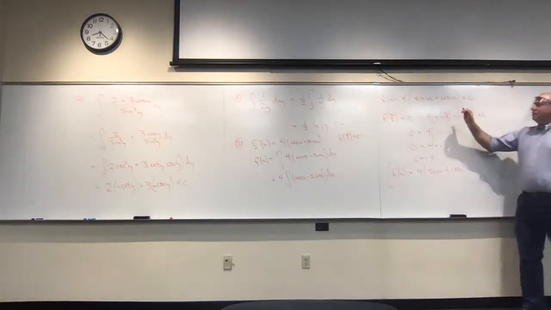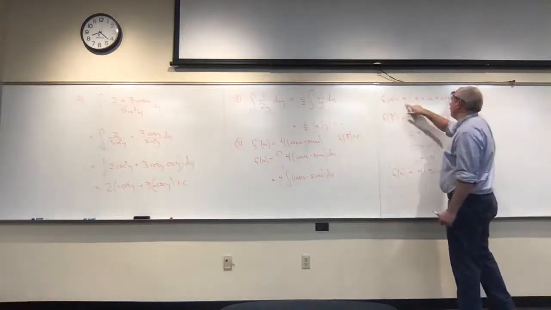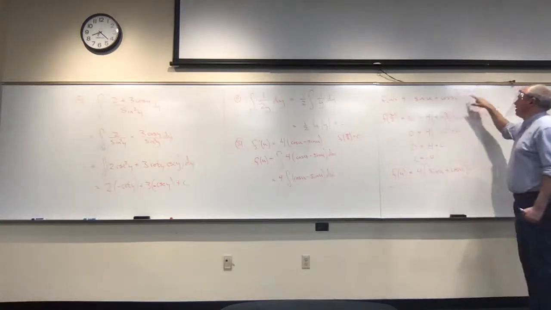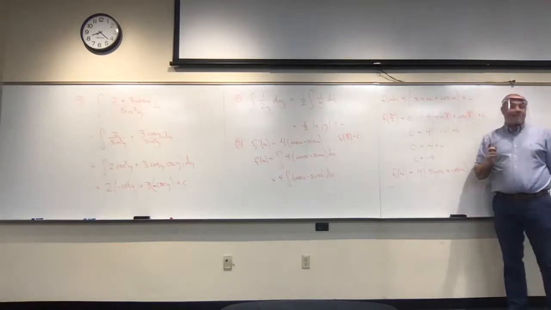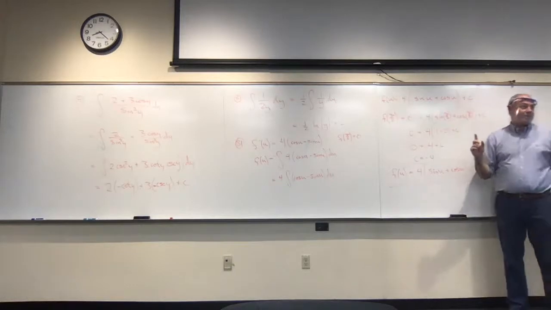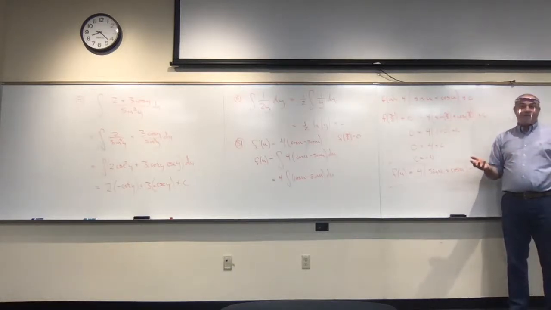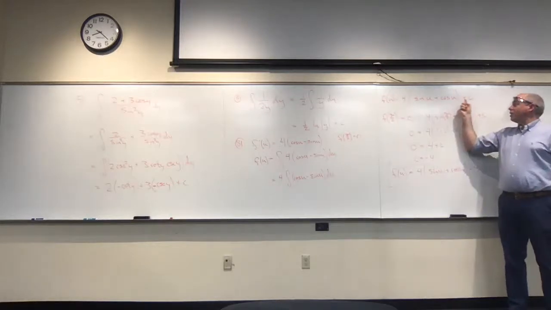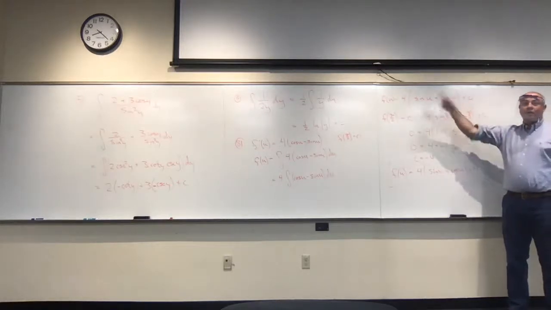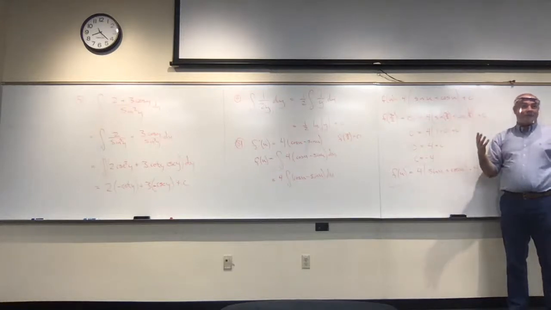So another question that comes up is, you had 4 times an integral. Why didn't you do 4 times sine u plus cosine u plus c, with the c inside the parentheses? Why did I put the c outside the parentheses? The answer is because it's a constant and I don't care. It's 4 times a constant, 4c, and that's the same thing, right?